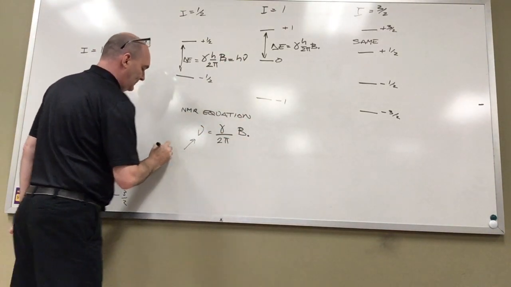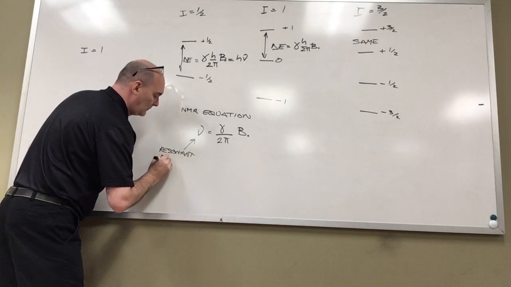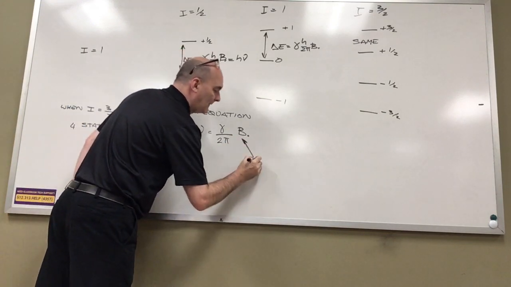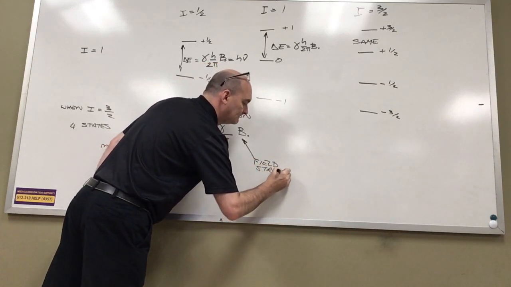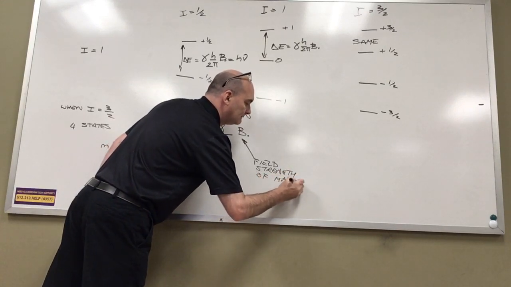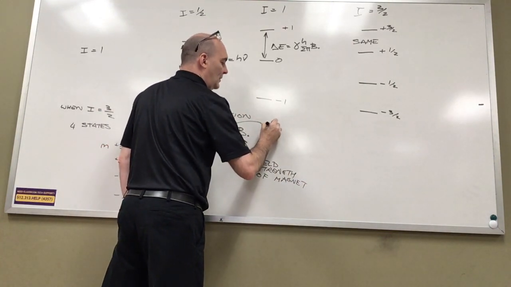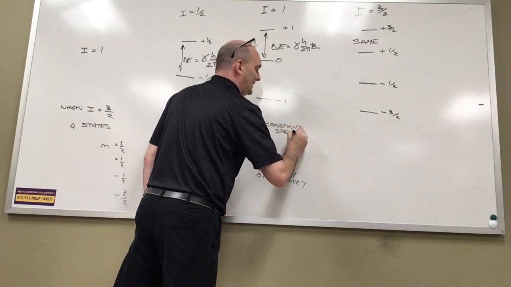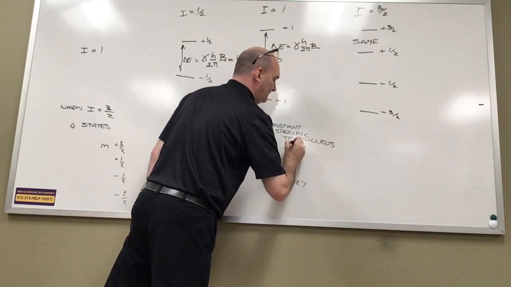So this is my resonant frequency. That's the field strength of the magnet. And this is the magnetogyric ratio, which is a constant that is specific to the nucleus being studied.